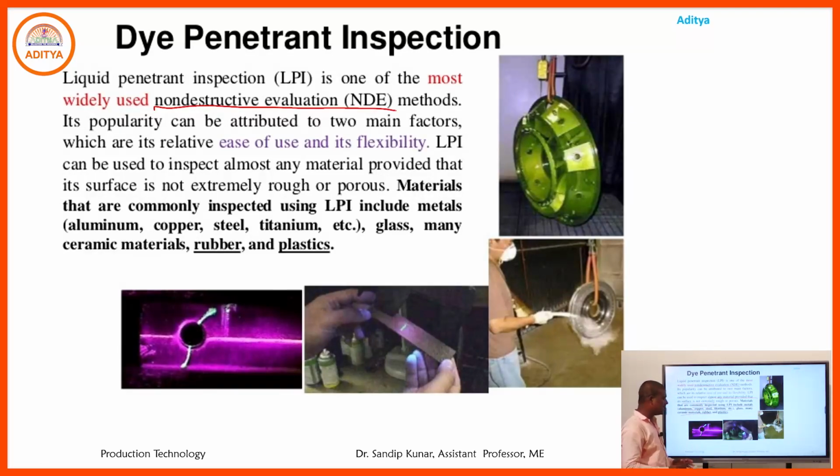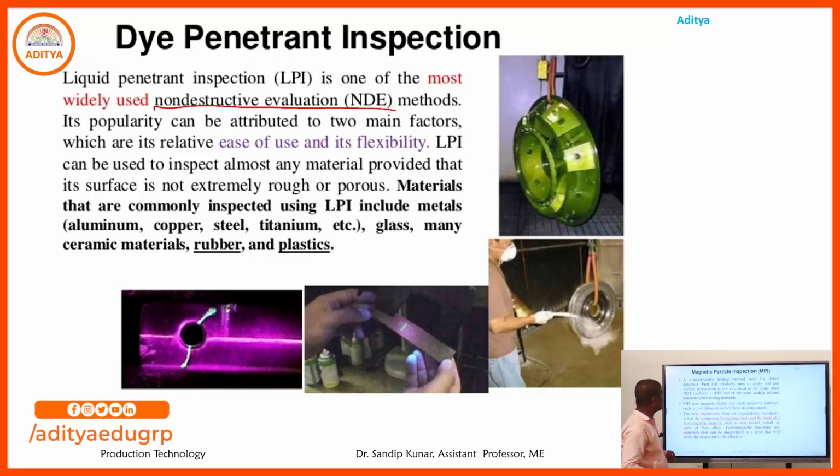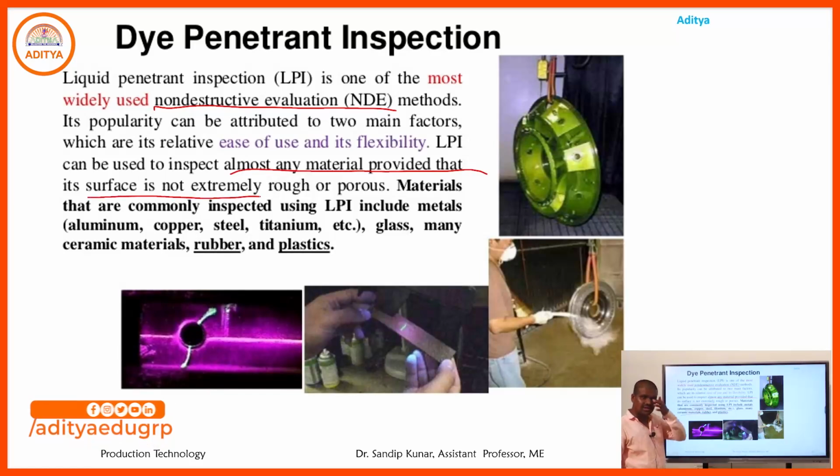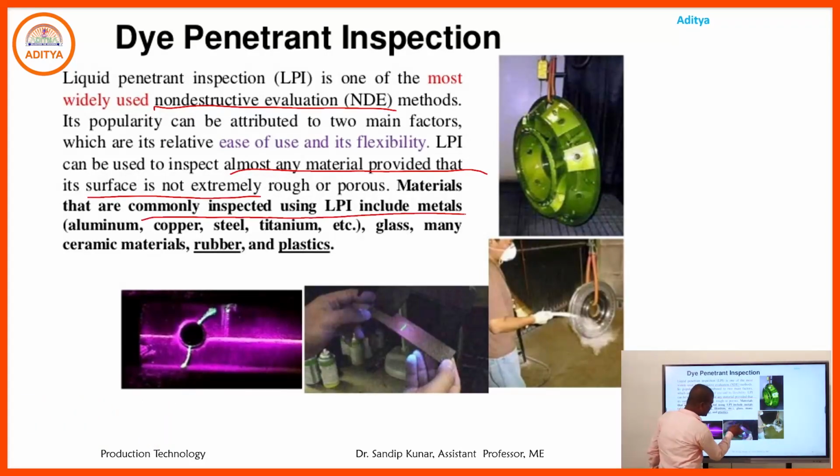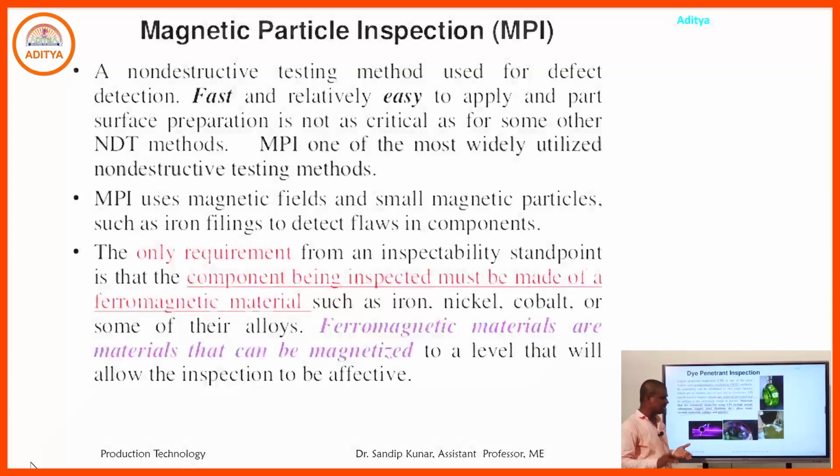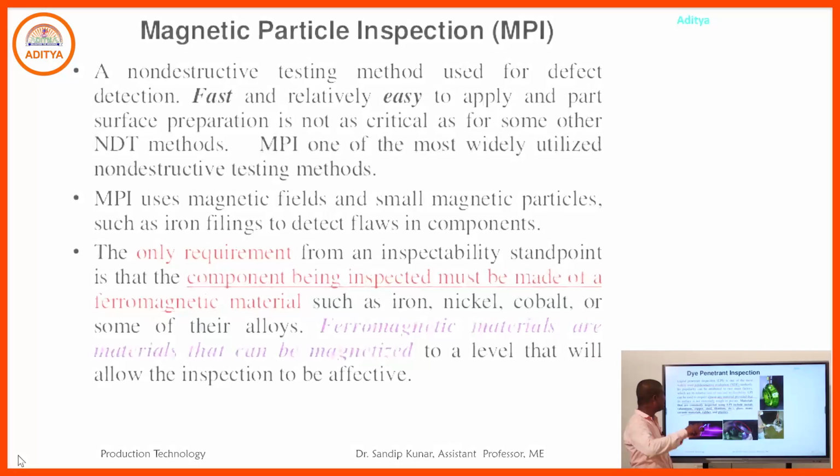So what is the method? In this method, we take the specimen. Before dye penetration inspection, we first clean the materials, meaning we clean the weld joints properly. After proper cleaning, we apply the dye.